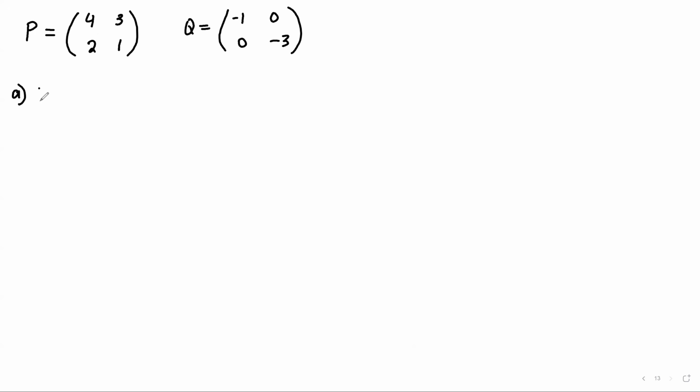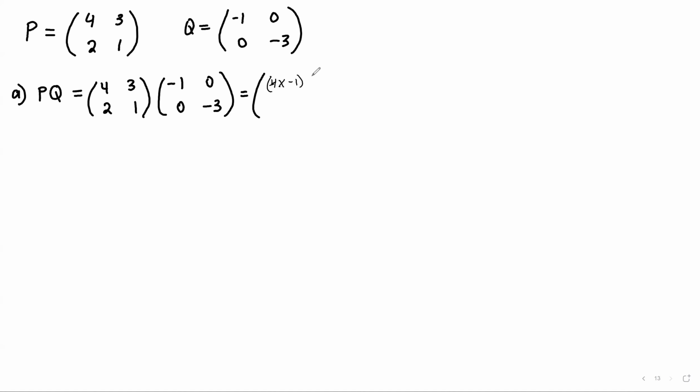So let's find PQ. PQ would be 4, 3, 2, 1 by -1, 0, 0, -3. It's row by column, row by column, row 1 by column 1. So that's 4 times -1 plus 3 times 0.